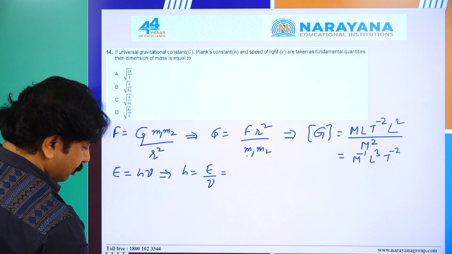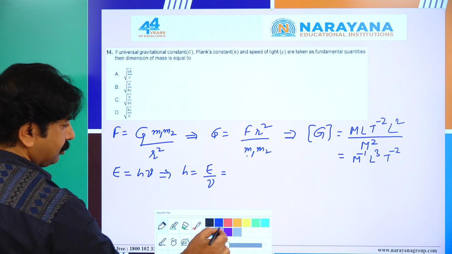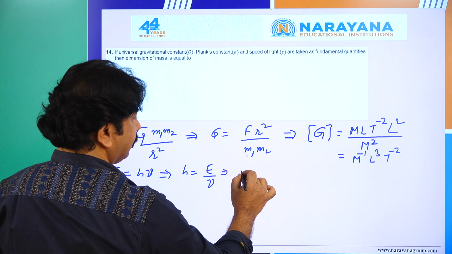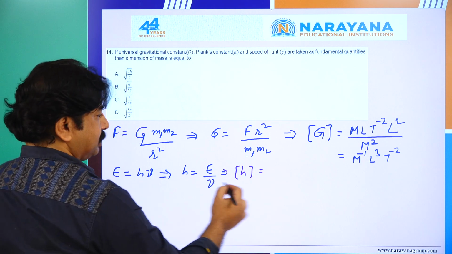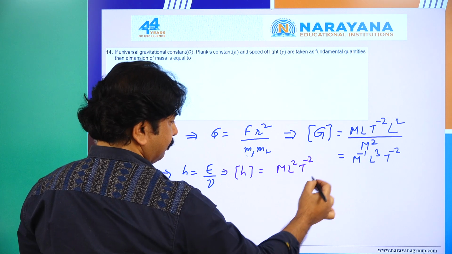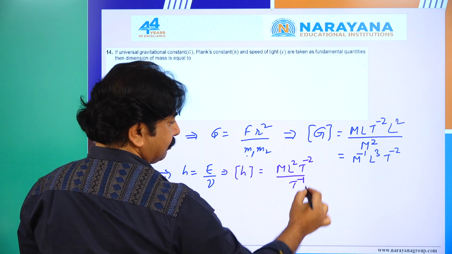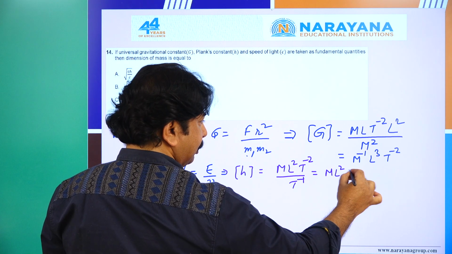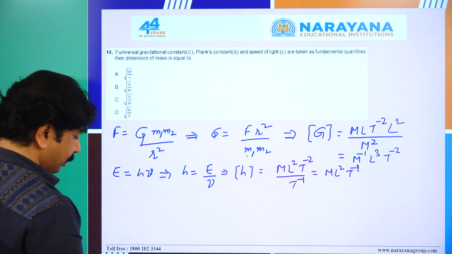The dimension formula for this case is energy, M L square T power minus 2, by frequency, T inverse. So this is equal to M L square T power minus 1. Next one.